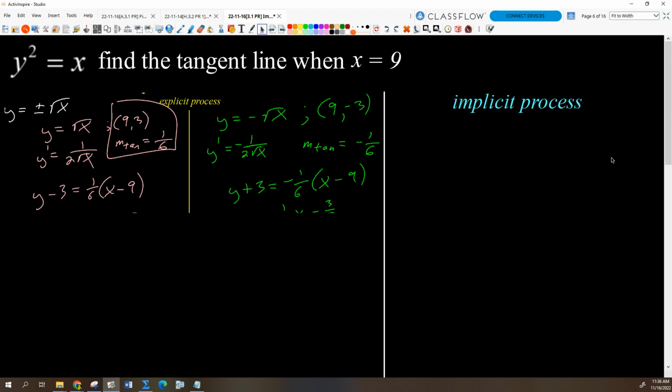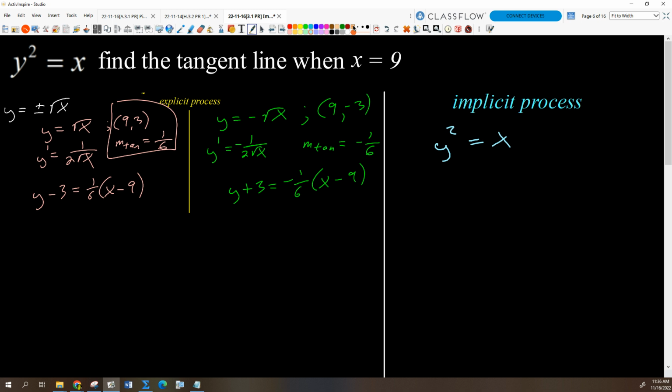Okay, so there's everything we did. Let's cover up that stuff. Okay. Let's try doing this a different way. Let's try using an implicit process. Okay, so we're starting with the equation y squared equals x.